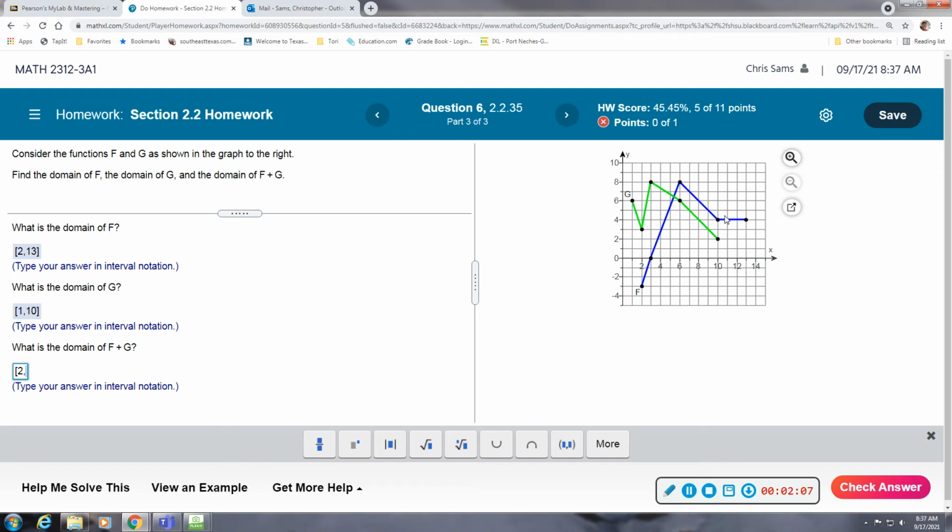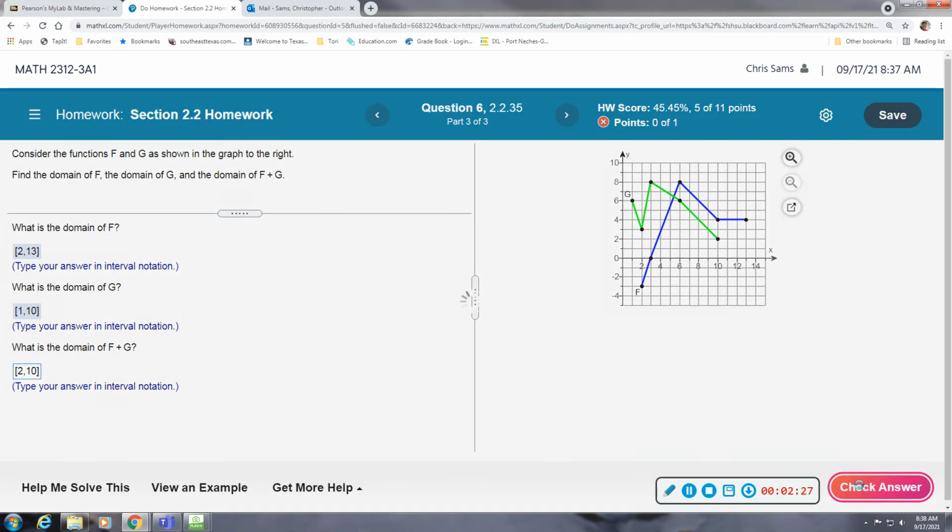The f keeps going, but they stop overlapping at 10, and that's what we want. So from 2 to 10. And again, what you're doing is taking the bigger of the small numbers and the smaller of the big numbers. The greatest lower bound and the least upper bound are the math terms of how you say that.